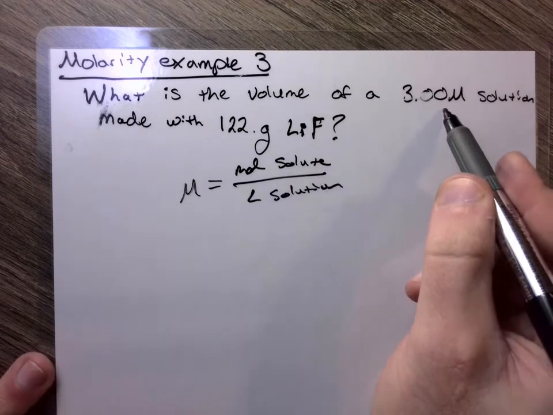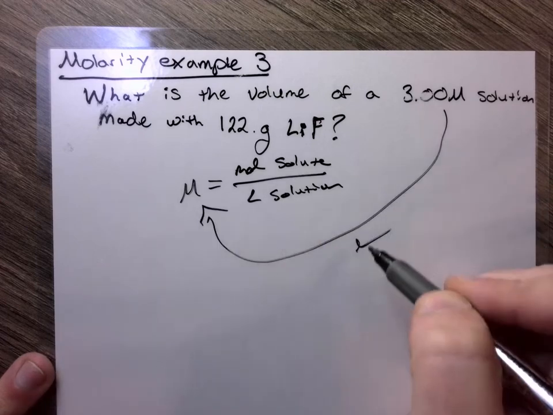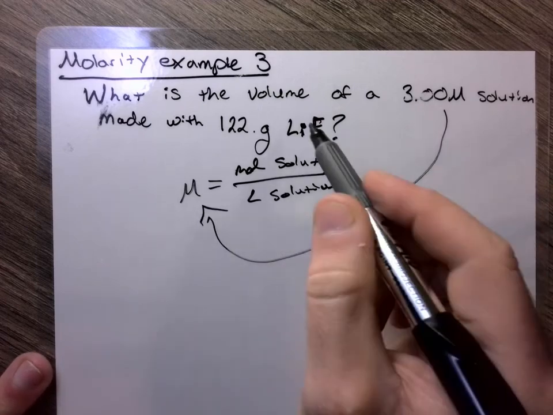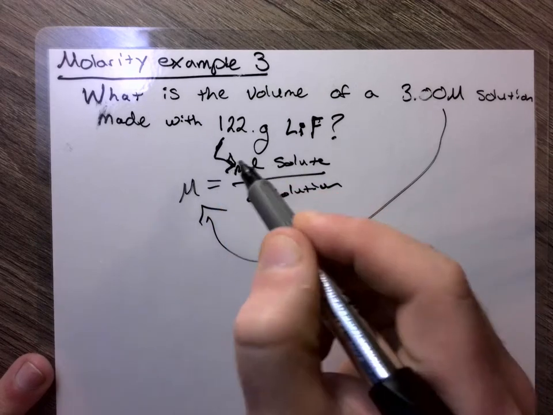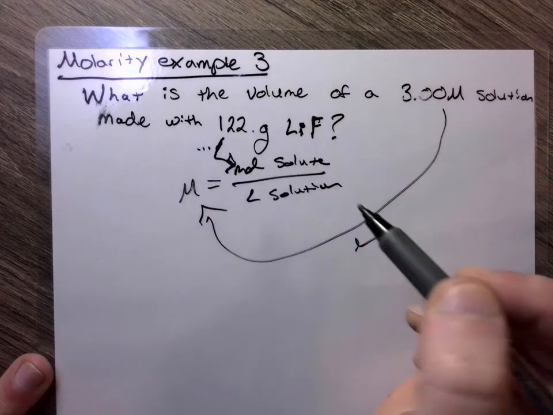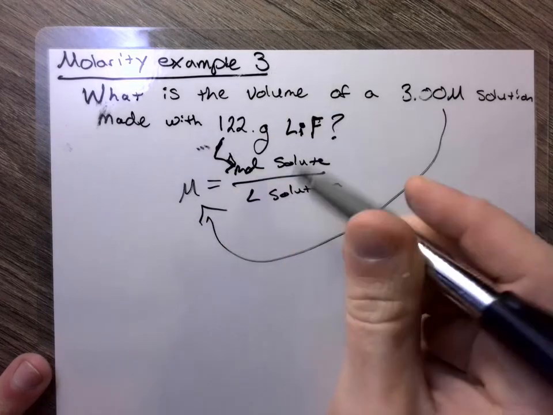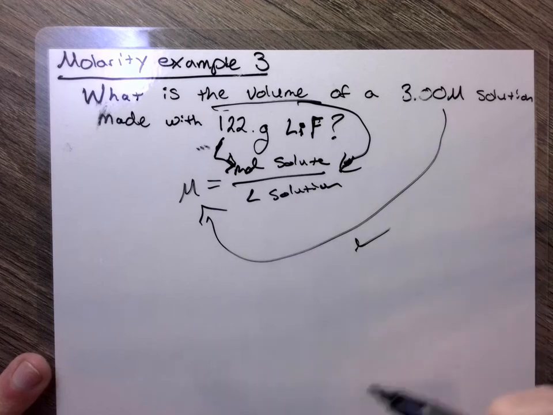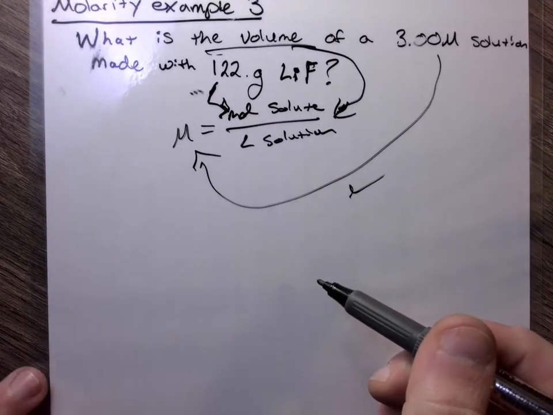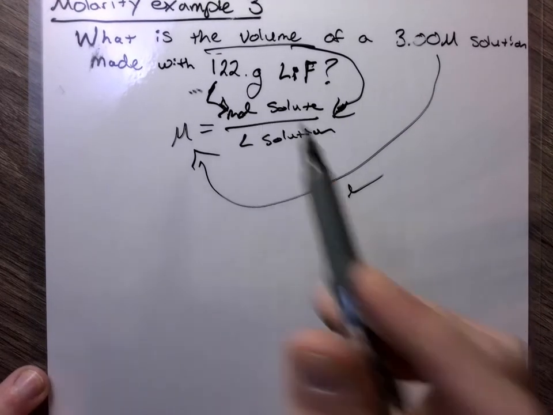Okay, so we've got molarity, check. We've got mass of solute, almost check. And then we want the volume of the solution. So, step one, we need to get out of grams and into moles.